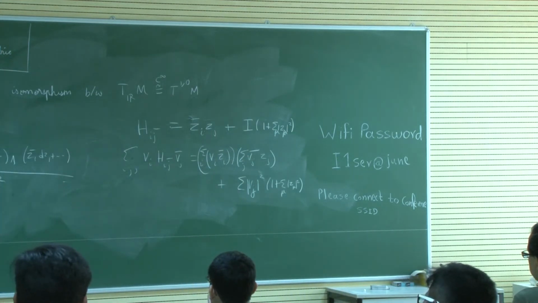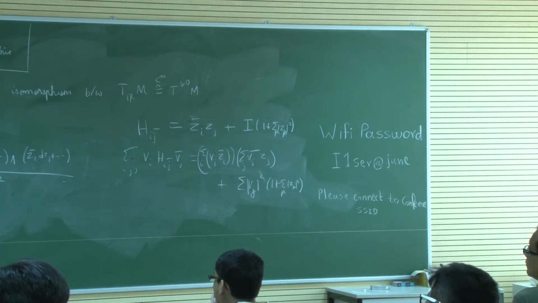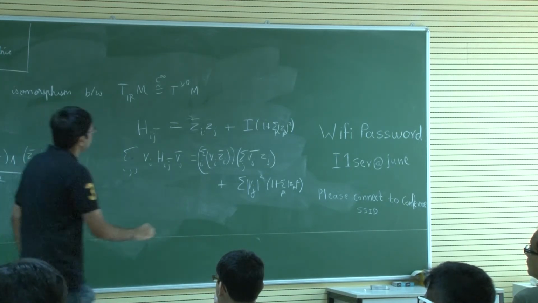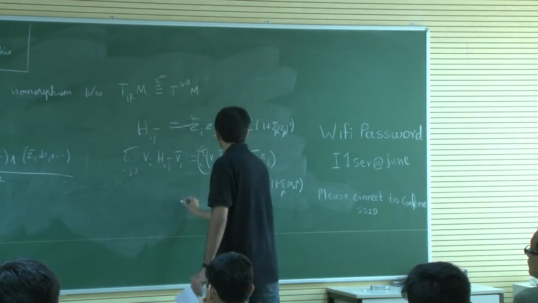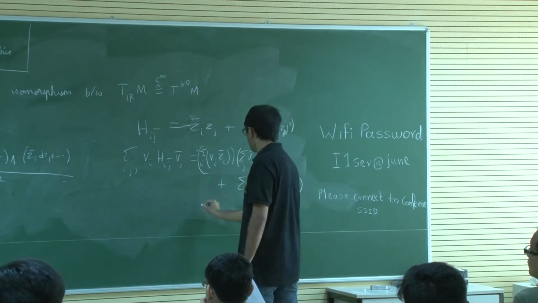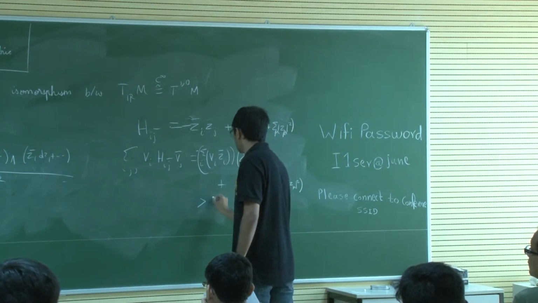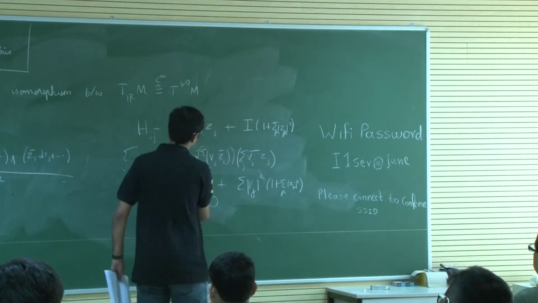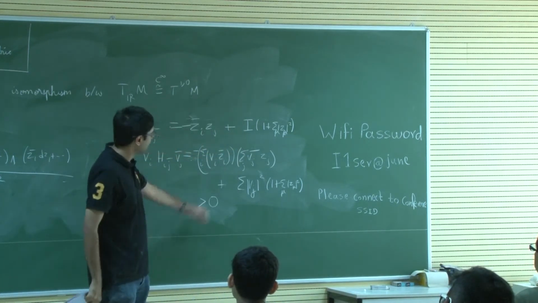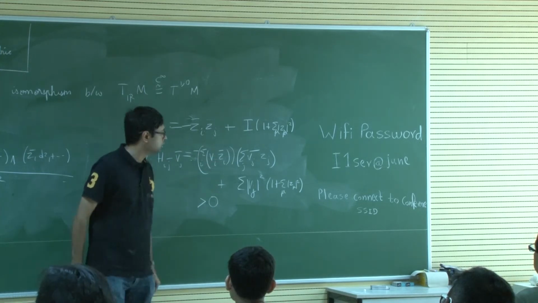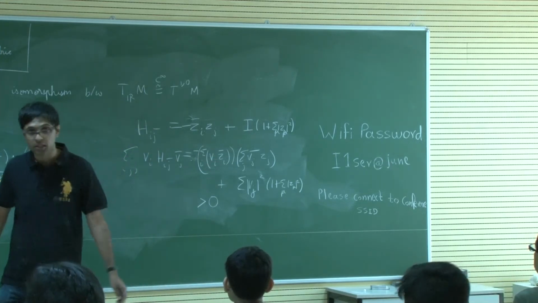I think there has to be a minus sign somewhere. It's this. I think it has to be a minus sign. So this is minus. When you compute this, it is greater than 0. That is a straightforward calculation using the Cauchy-Schwarz inequality, if you will, so I'll just leave that.